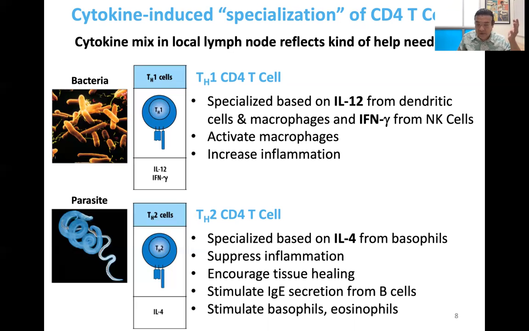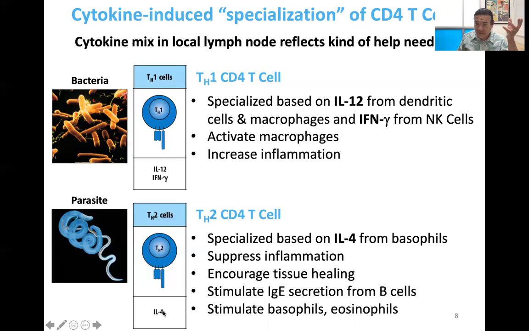At the same time, this parasite is in your tissue and it's kind of like eating its way through your tissue. So the last thing you want is to what? Make your tissue inflamed and even easier for this parasite to eat its way through, right? So in that case, that would be like an opposite type of appropriate response than the bacterial infection would require.